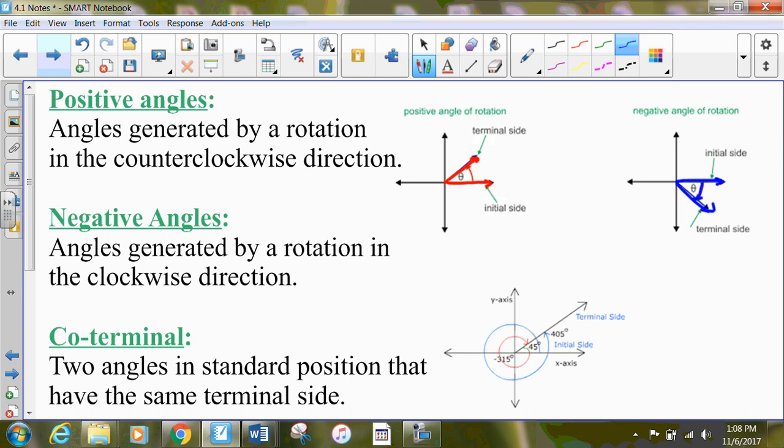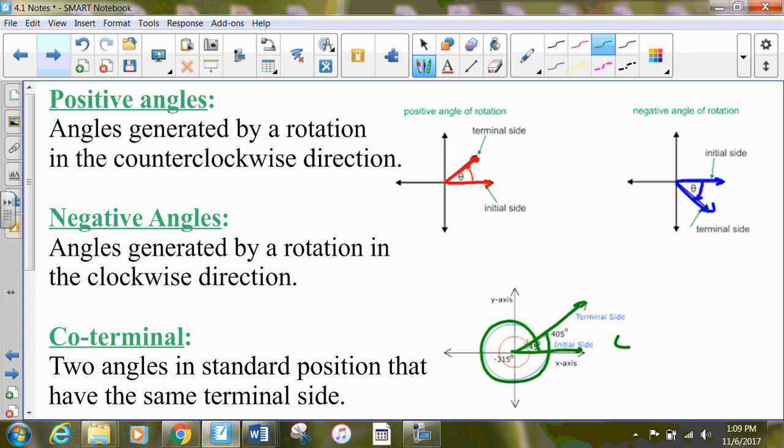And then we talk about coterminal angles. We're talking about two angles that have the same initial side and the same terminal side. So when you look at this picture right here, both 45 degrees, so here's 45 degrees, and if we talk about 405 degrees, right? If we started at this initial side and went all the way around 360 plus another 45, that would be 405 degrees.